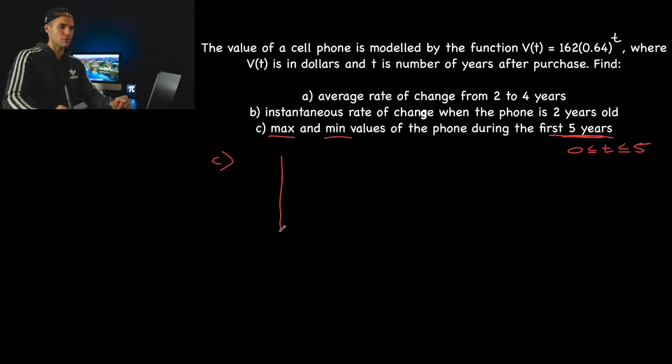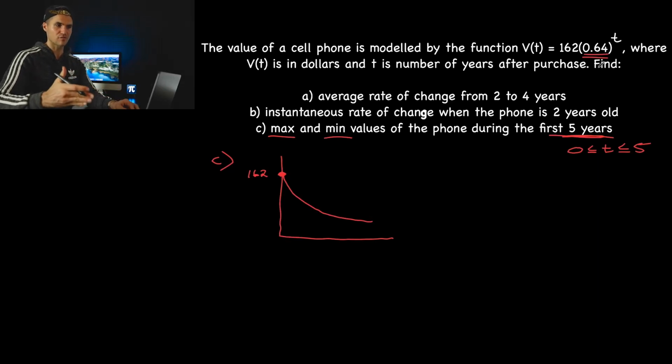If we do a quick rough graph, plugging in a t value of 0, 0.64 to the power of 0 is 1 times 162, so the value of the phone starts at 162. Then it is decreasing in value because you keep multiplying by 0.64, so it's always decreasing.